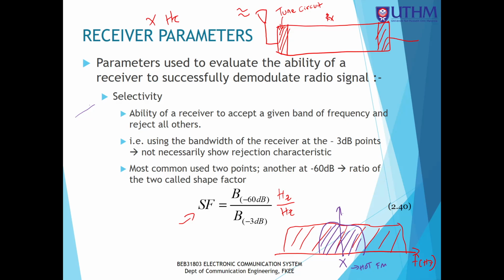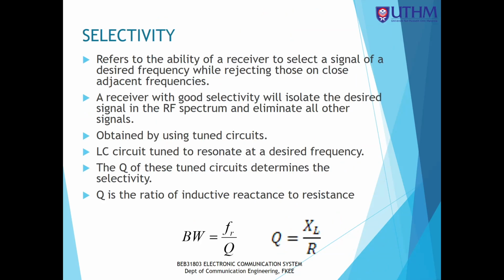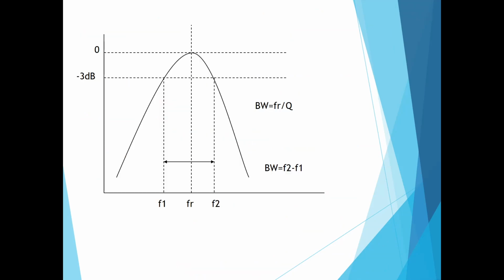Okay, and what do the bandwidth of minus 60 dB and the bandwidth of minus 3 dB look like? In order to understand this, we need to see the filter transfer function, which is this one. I skip one slide to show you about this.